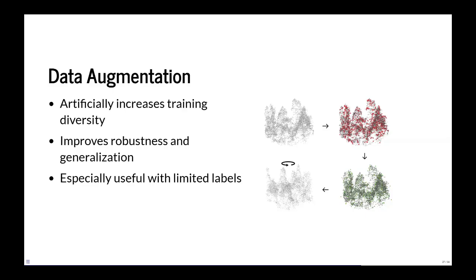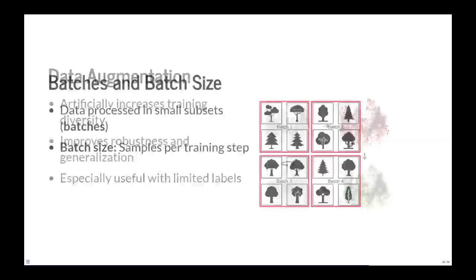So in the example on the right-hand side here, we have this input point cloud, and then we remove some points, maybe we then add some noise to it, and then we can rotate those point clouds as well to provide our models with a different kind of representation of what's going on within these forest structures. And this is very important, especially when we have limited labeled data sets like we often do within forestry contexts.